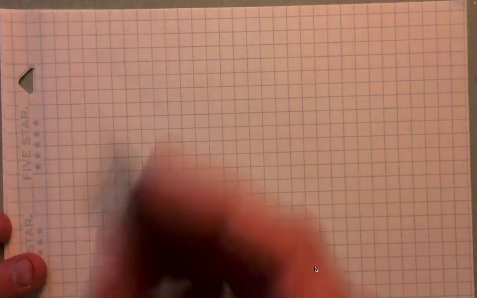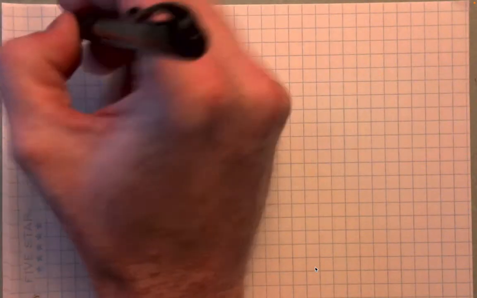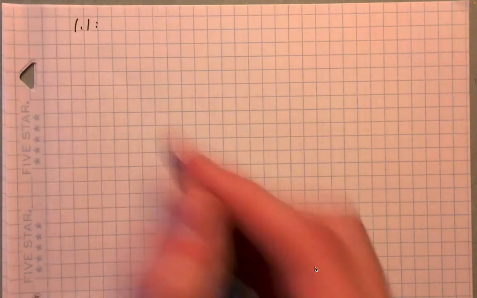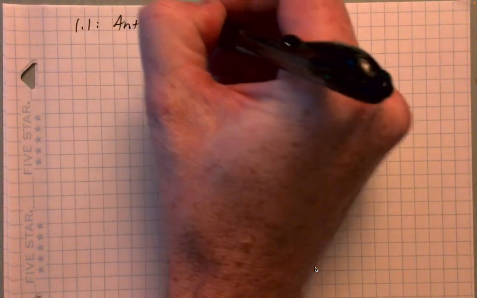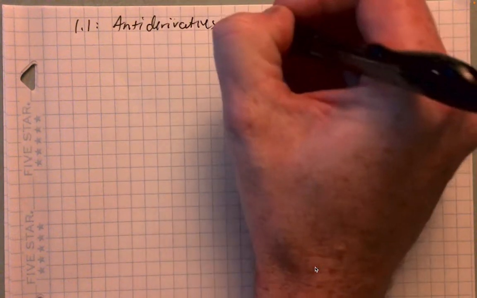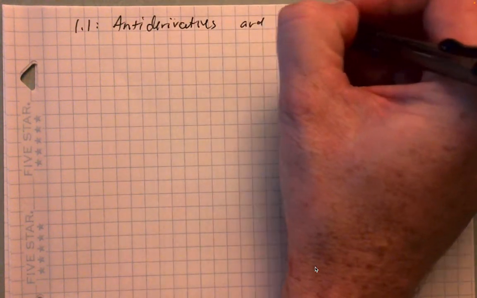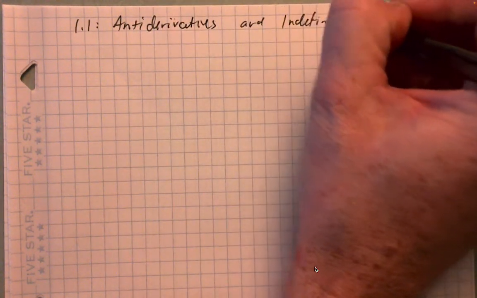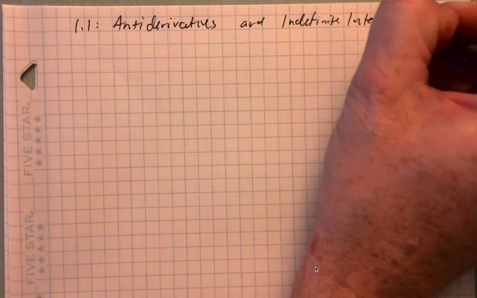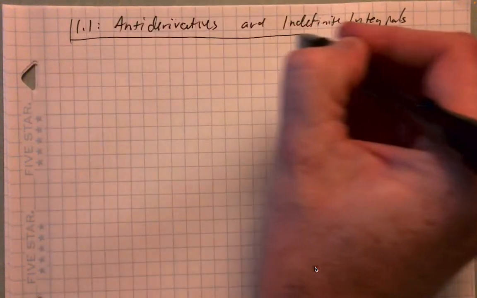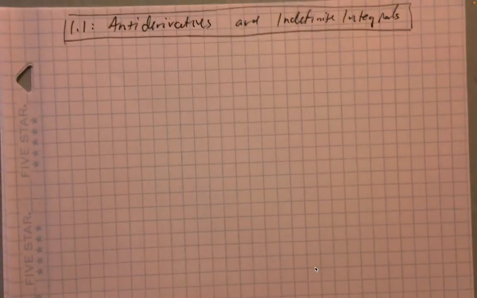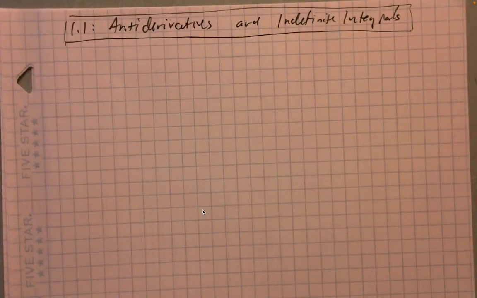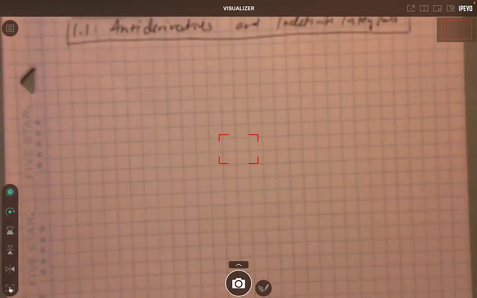Let's call this section 1.1, Antiderivatives and Indefinite Integrals. Okay, so we'll talk through these ideas first. This is the natural starting point for Calculus 2.